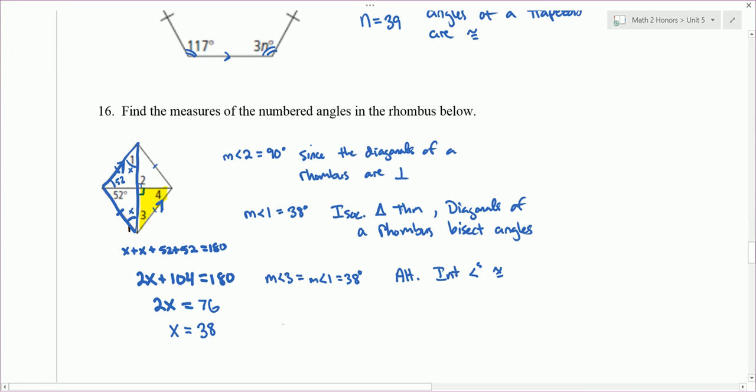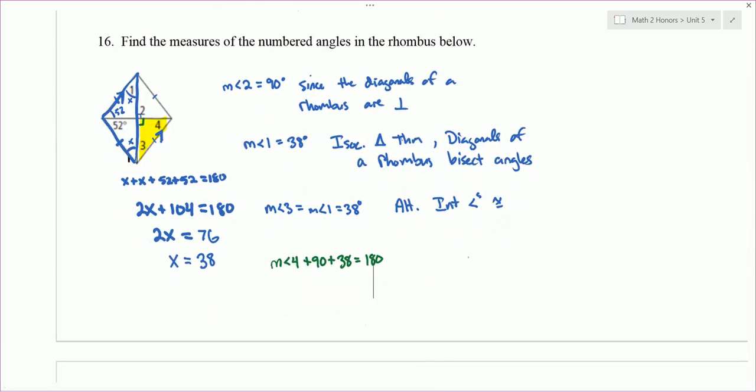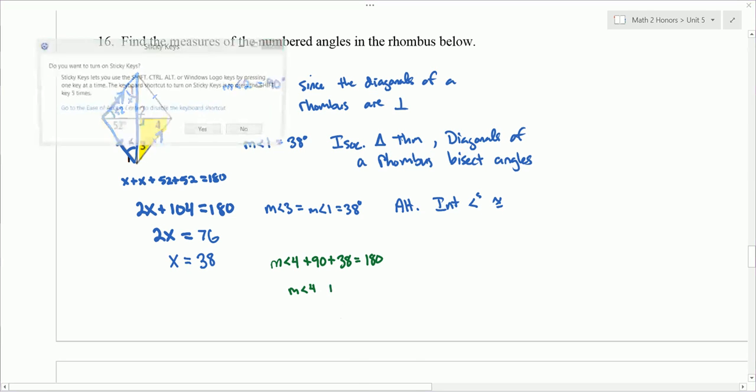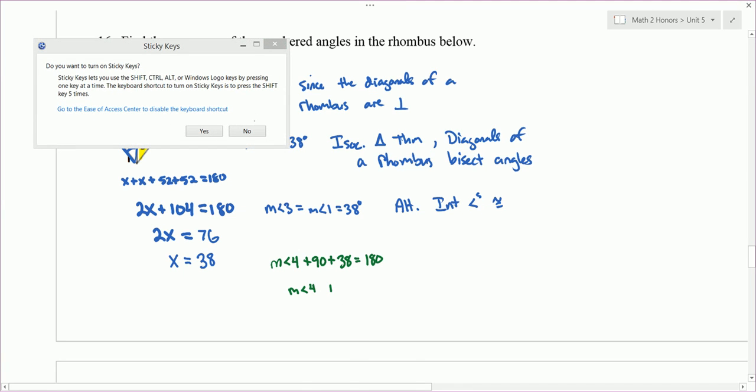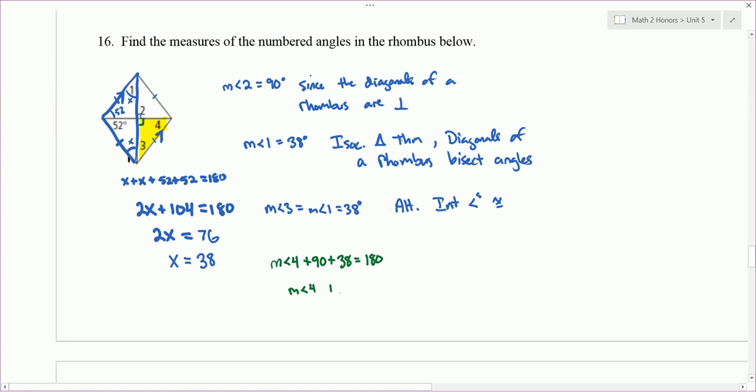And so the measure of angle 4 plus 90 plus the measure of angle 3, which is 38, is equal to 180, because the sum of all angles inside of a triangle is 180. 90 plus 38 is 128.